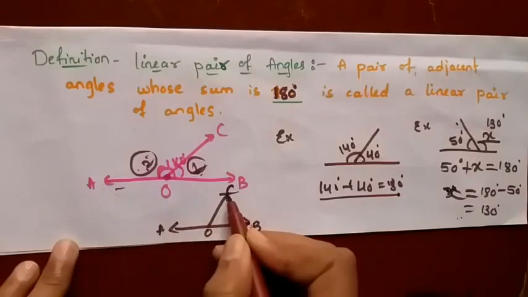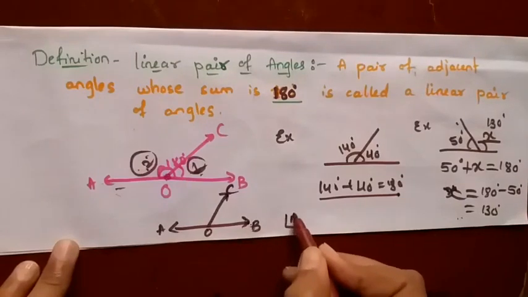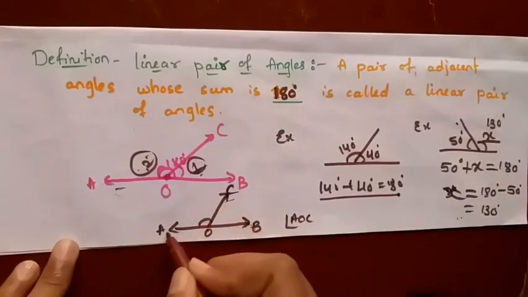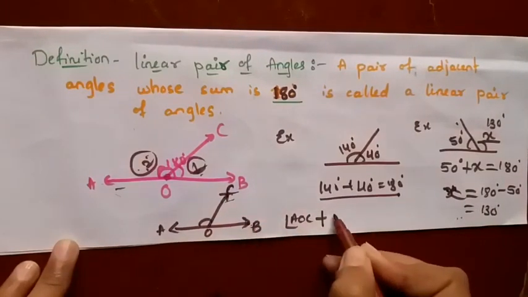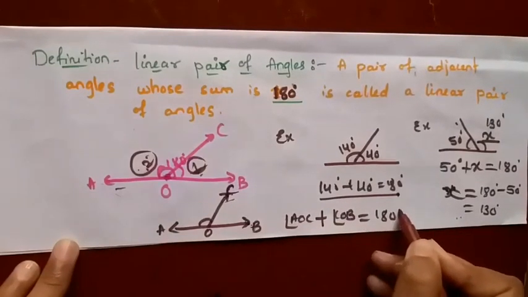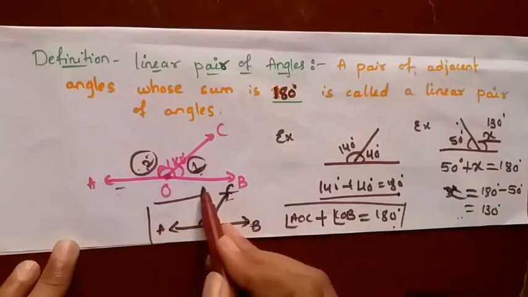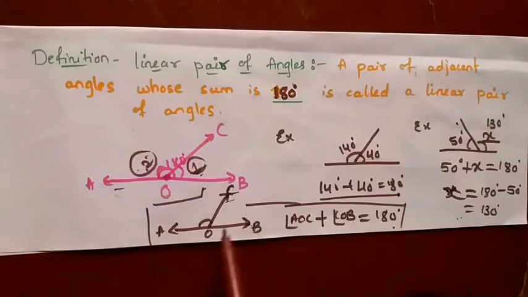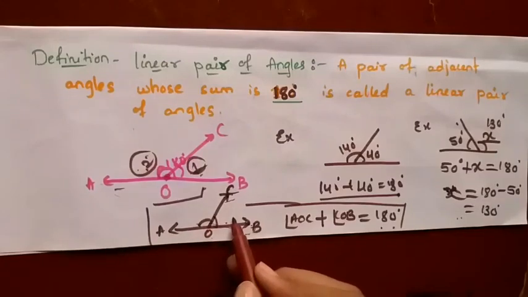Then angle AOC plus angle COB is equal to 180 degrees. This is our formula, and this is the definition of a linear pair of angles. AOC and COB are the adjacent angles.